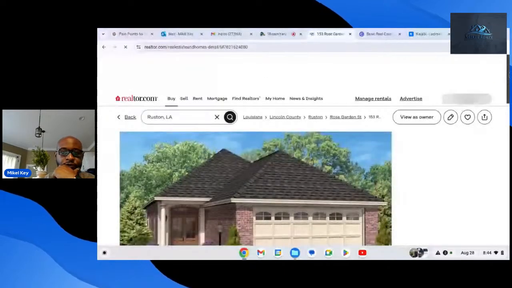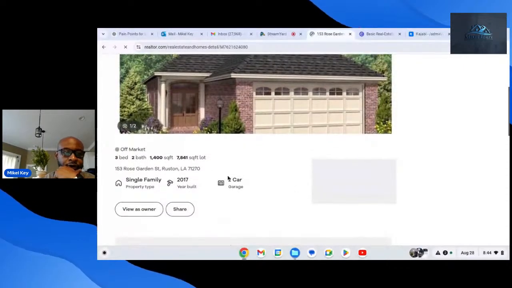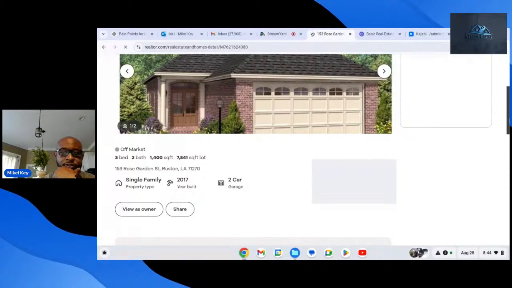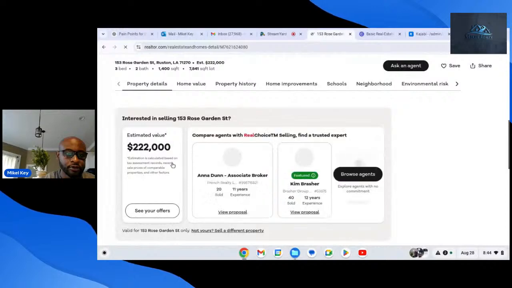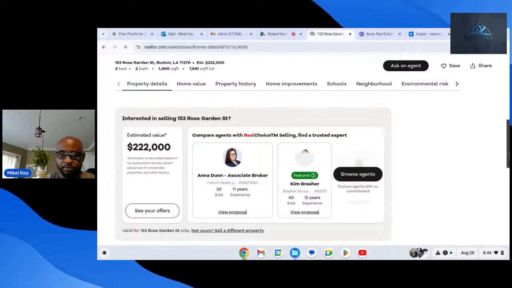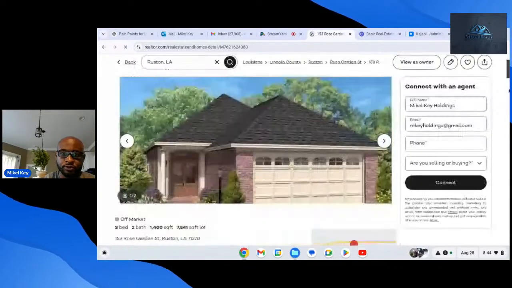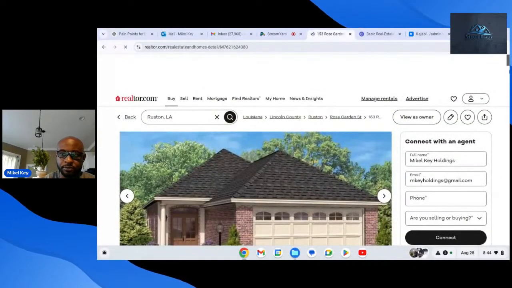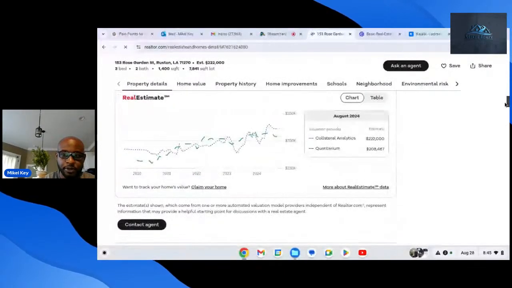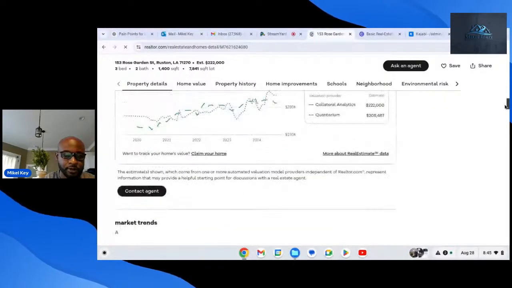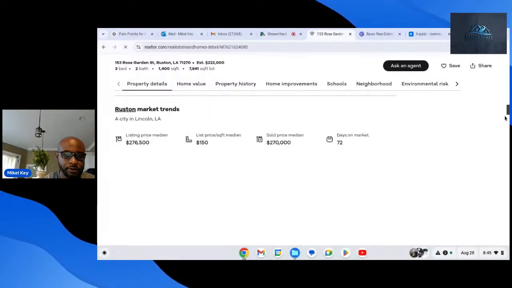All right, so here's 153 Rose Garden Street. It's an off-market property, 3-bedroom, 2-bath, 1,400 square feet, and this is on Realtor.com, guys. The estimated value is $222,000. Now let's go down.